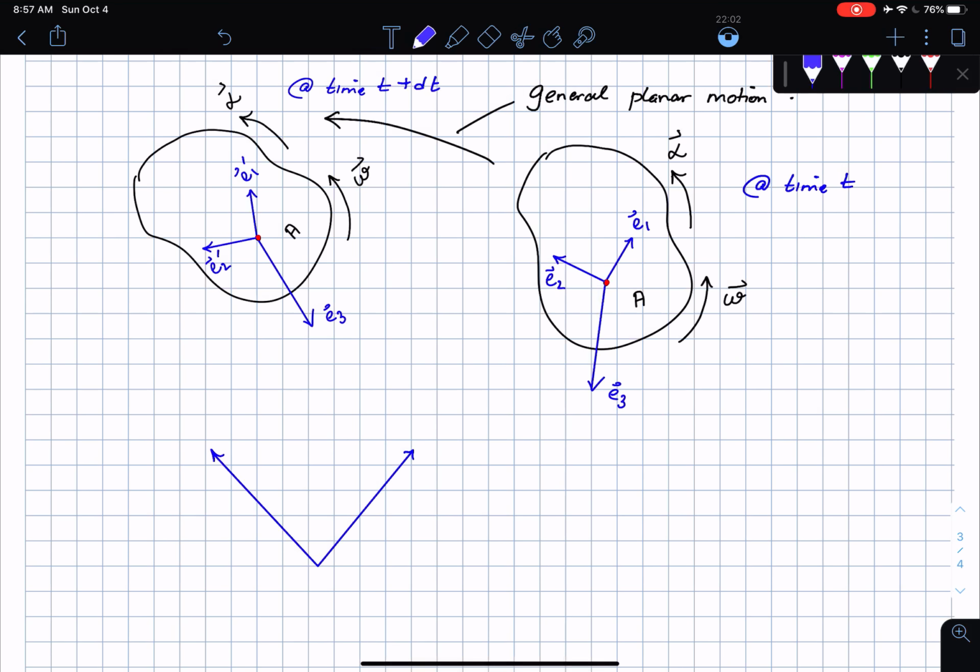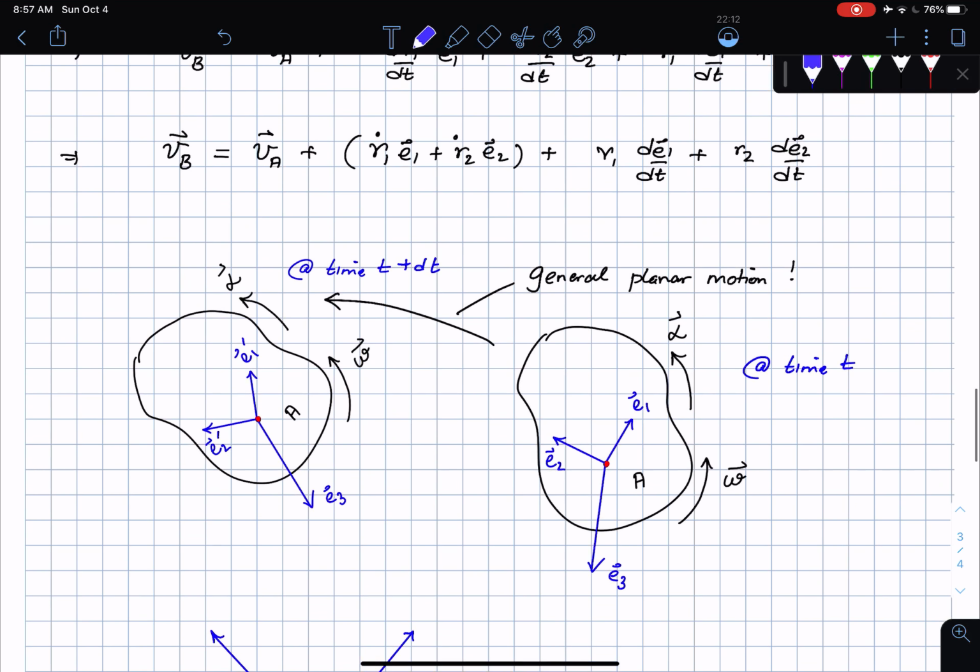And I'm assuming that the entire body is rotating about the E3 direction. Okay, so that's something that I can also see very obviously from here.